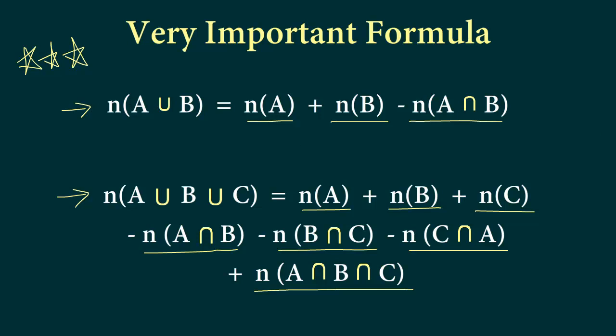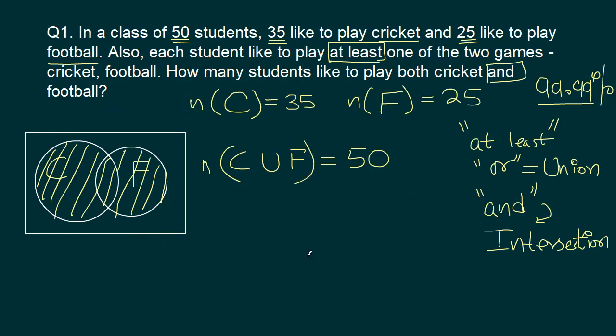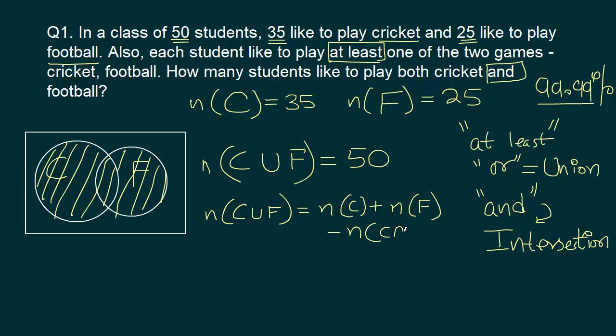So let's write it over here. Our formula is number of students C union F is equal to N of C plus N of F minus N of C intersection F.